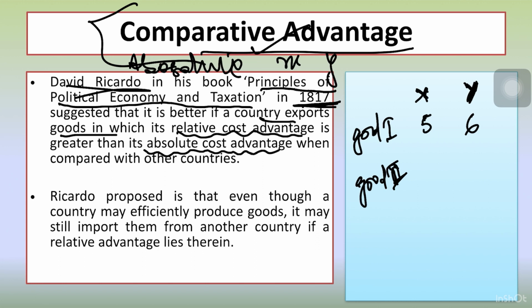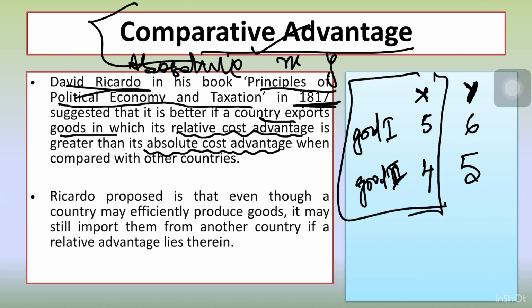Similarly, of good 2, country X is producing with 10 units of labor and country Y is producing it with, say, 5 units of labor. Now, by seeing the data, we can say that country X has an advantage in producing both the goods, that is good 1 as well as good 2.